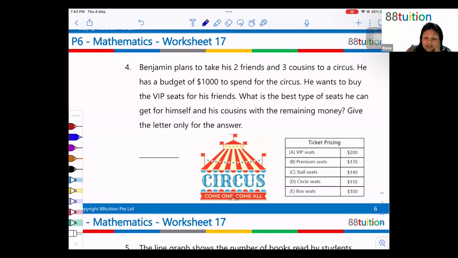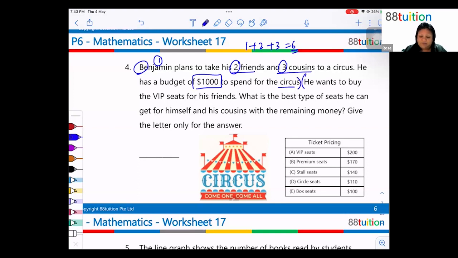Okay, so the trick is: Benjamin, 2 friends, 3 cousins. In total, how many people are going to the zoo? 6 people, because Benjamin is 1 person, 2 friends, 3 cousins, so that's 6 people. He has a budget of $1,000 to spend for the circus.